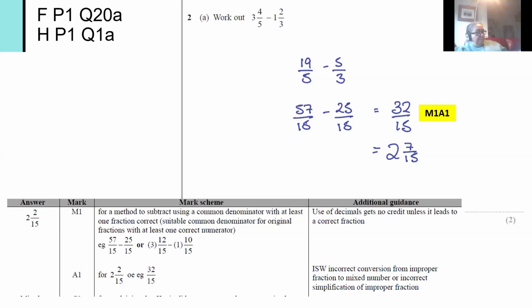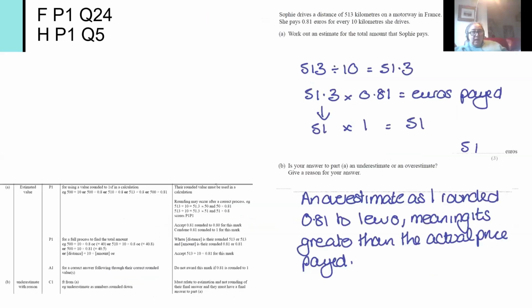Then we got to the estimation question. I mentioned rounding to 1 sig fig. It's not always appropriate to round to 1 sig fig. In this case, you need to check what the guidance says. So in this one, they have rounded to 1 sig fig, and the guidance does say for this condone 0.81 rounded to 1.